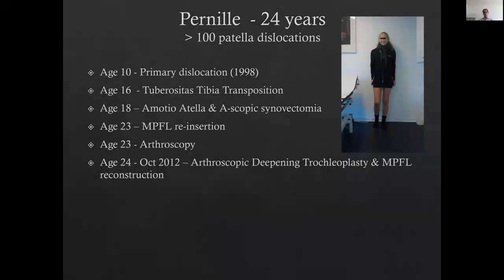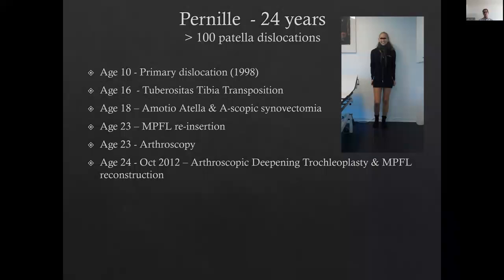And I wanted to show you a case, and I think this is a very typical case. This young girl had more than 100 patellar dislocations, starting when she was 10.